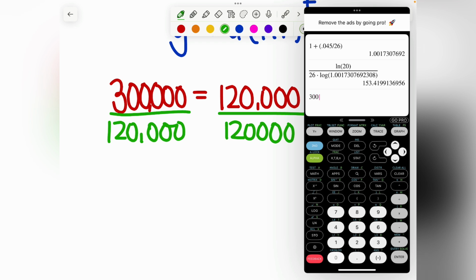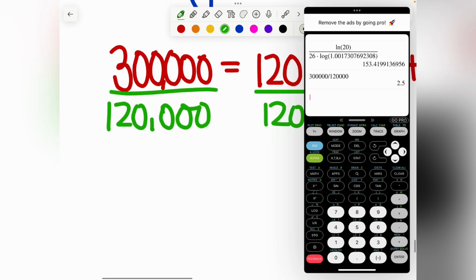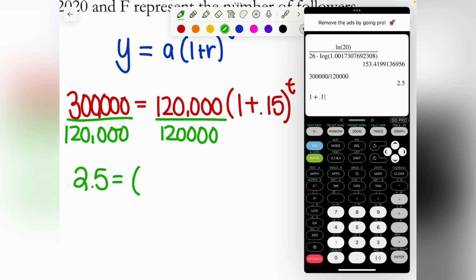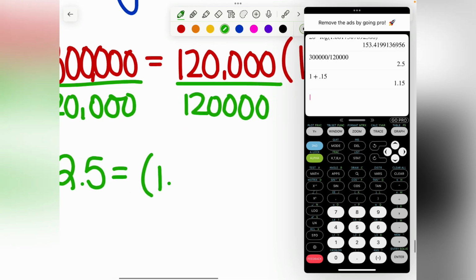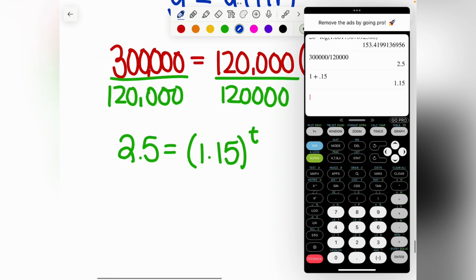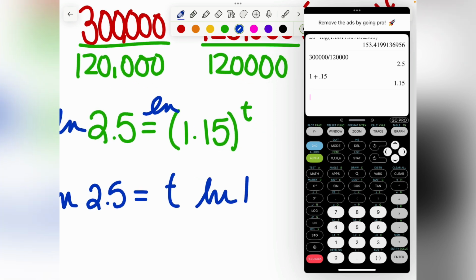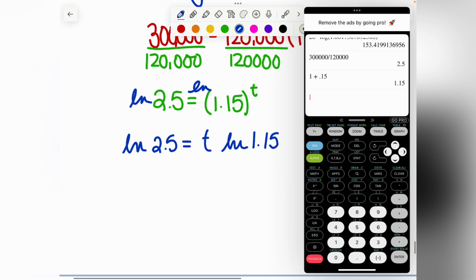So 300,000 divided by 120,000 is 2.5. All right, 1 plus 0.15 is 1.15 to the t power. And now I'm going to natural log both sides. So I have the natural log of 2.5 equals, drop down the t, natural log of 1.15, and divide the natural log over.